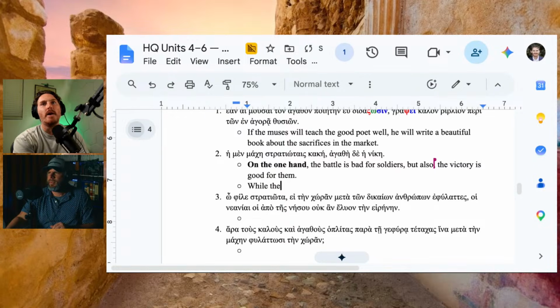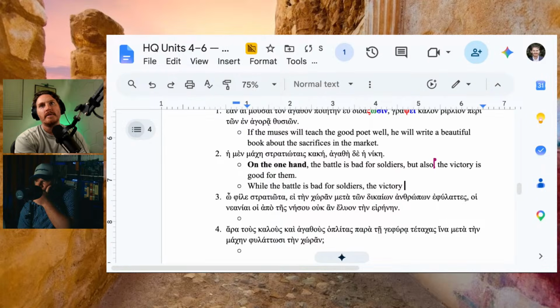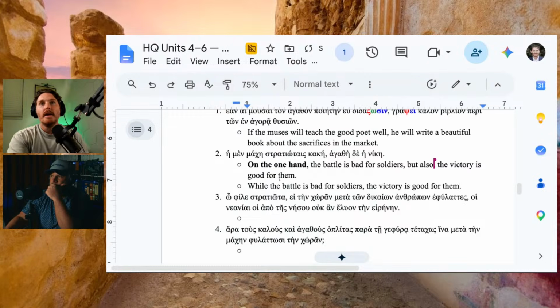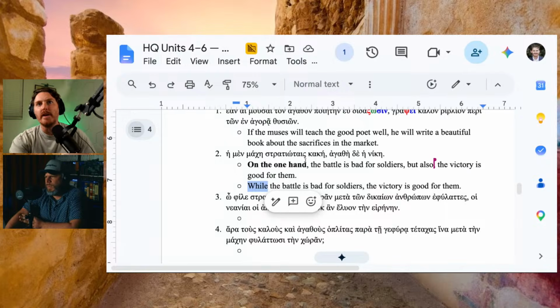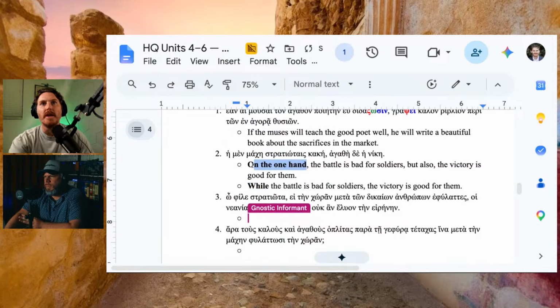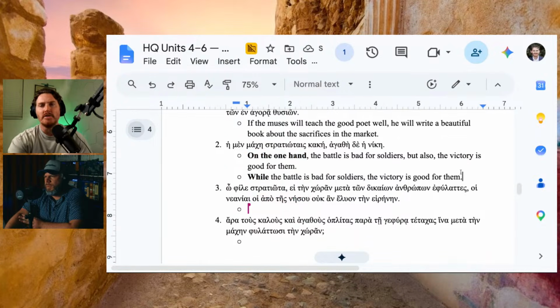I would say, while the battle is bad for soldiers, the victory is good for them, and it implies for them. So I would let the word while do all the heavy lifting in translating the men clause there. I see what you're saying. It just flows better in English. It gets the point across. But if you want to do on the one hand, that's just literal.